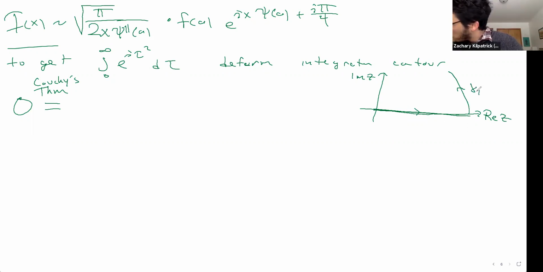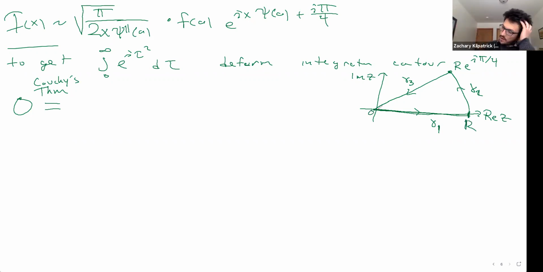I'll call that little gamma 1. I have little gamma 2, which is going to be an arc that goes up to pi over 4. And then I have another section of the contour, which travels back to the origin in the complex plane. This point here, I'll call r e to the i pi over 4. This part here is just going to be r, and back here we're at 0, for both the real and imaginary part.